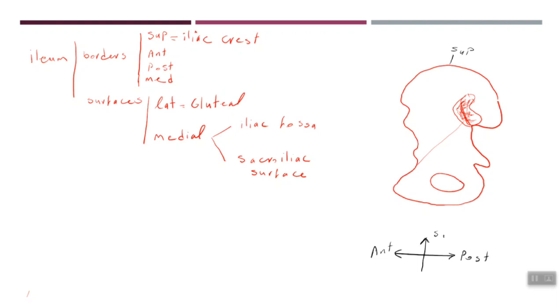This is superior, and this is inferior. This is the anterior border, here is the posterior border, and this one is the medial border. I draw it by color here. You can see the four borders in this simple picture, and this one is the medial surface. If you want to see the lateral surface, I have to rotate the bone.